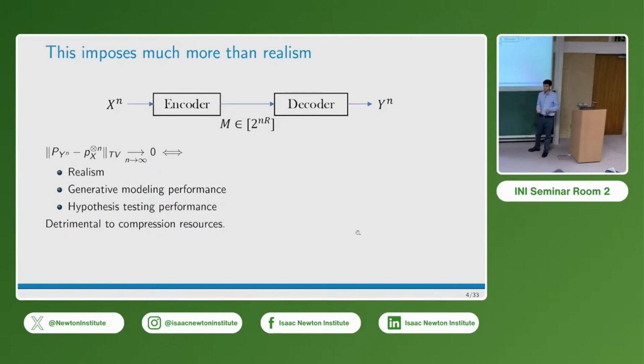And in a compression scheme, the whole point is to reduce the file size, to compress. So if we add additional restrictions that are not useful, we are going to require more bits, more information to be preserved in order to satisfy this. So we're going to be very suboptimal if we try to reach this very, very difficult goal, which we don't need to reach. That's very specific to compression, where we need to optimize resources.